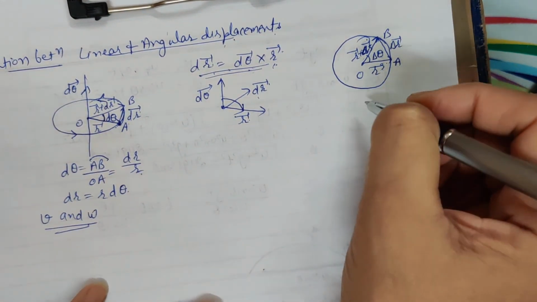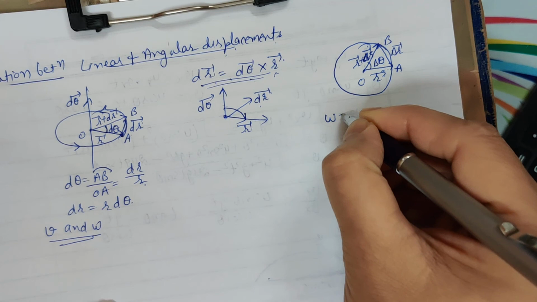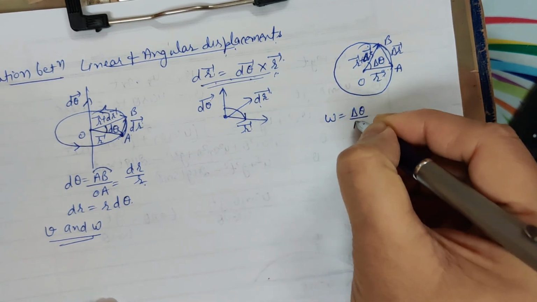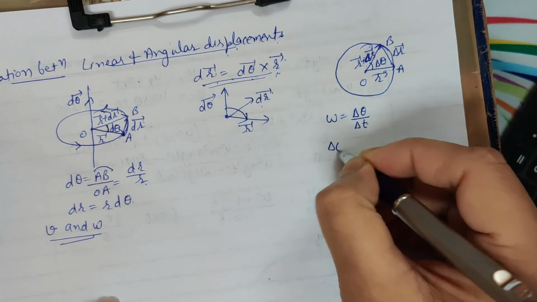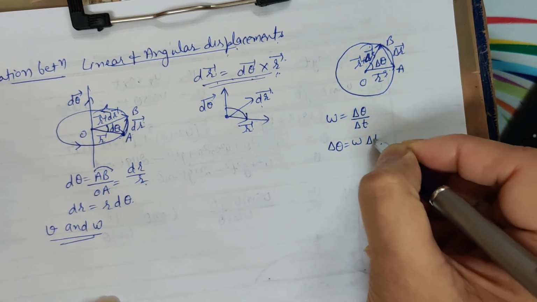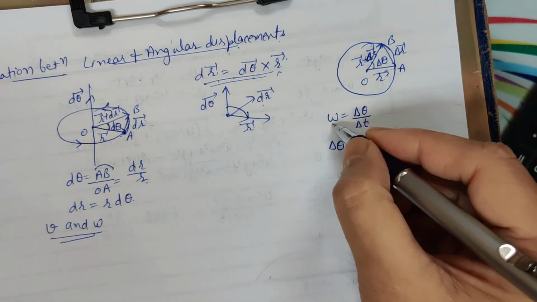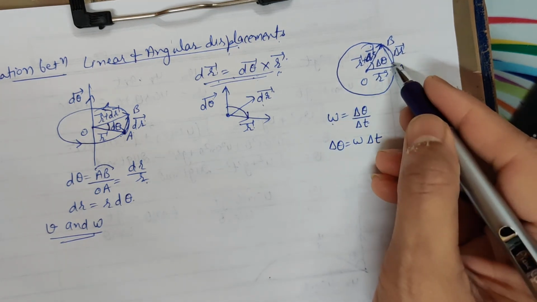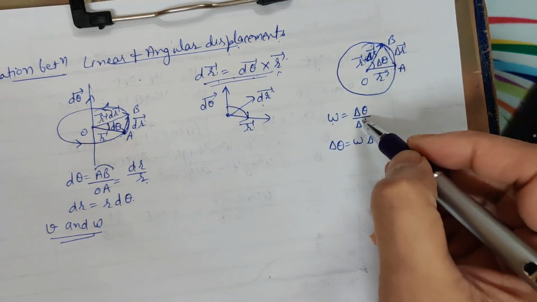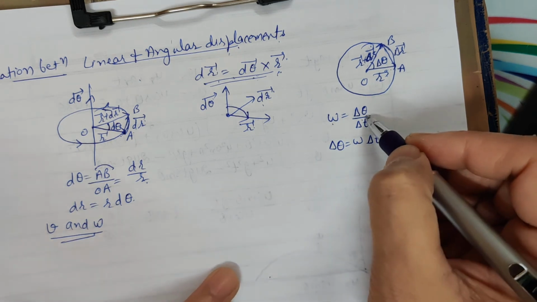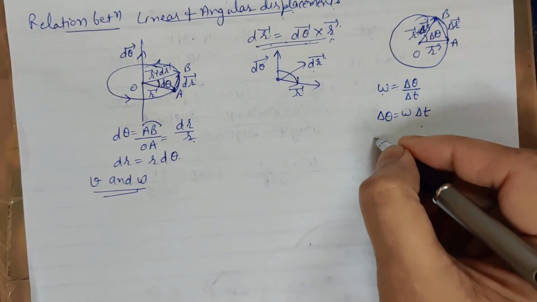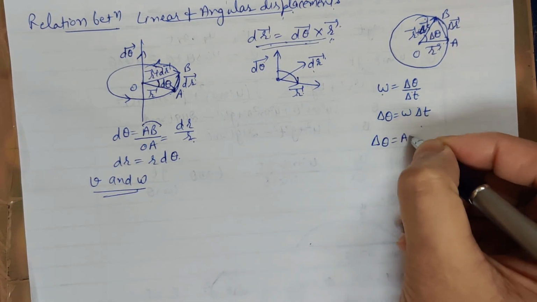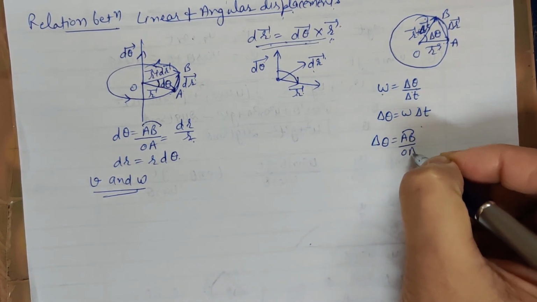Now this is the motion with angular velocity omega, written as delta theta upon delta t, so delta theta is omega delta t, the angular displacement per unit time. The definition of angle is arc AB upon radius.